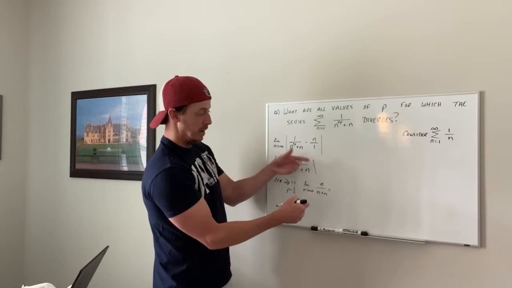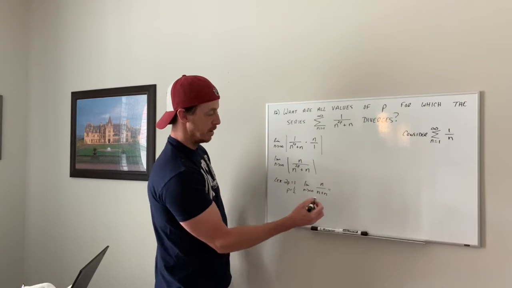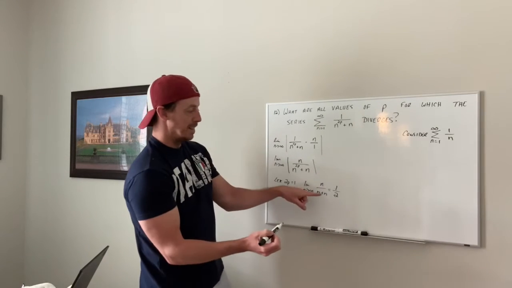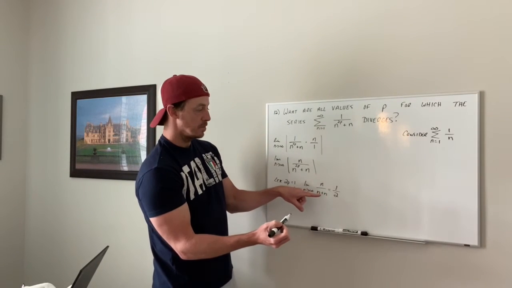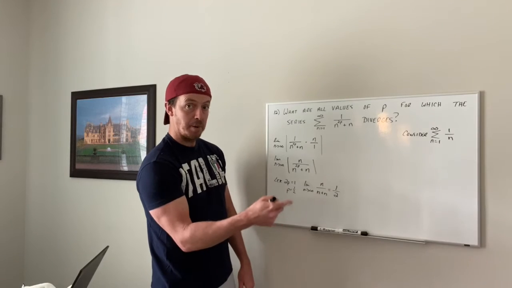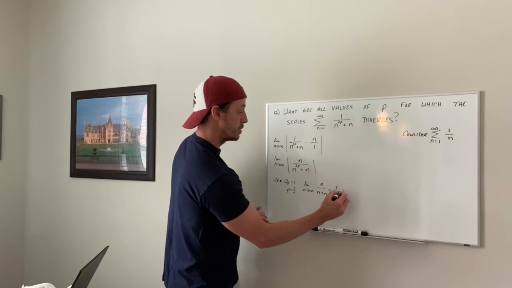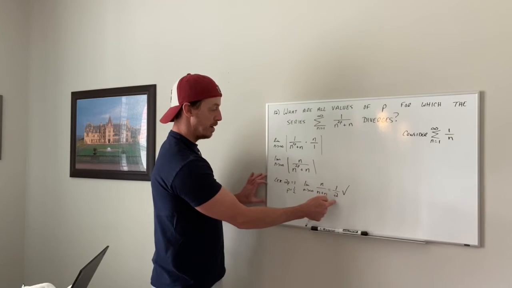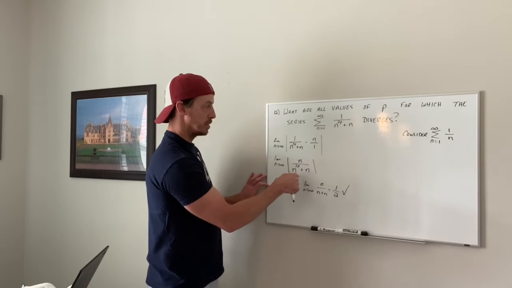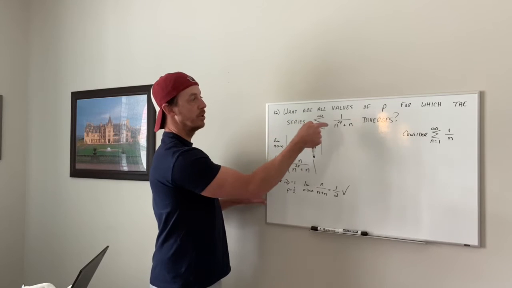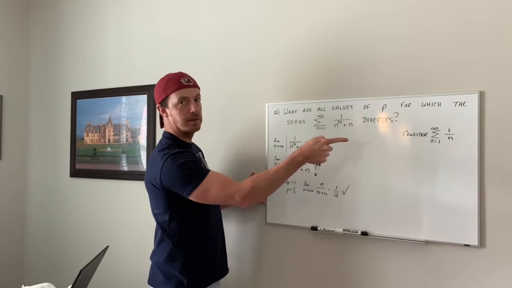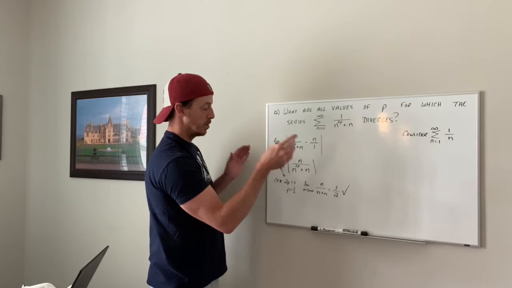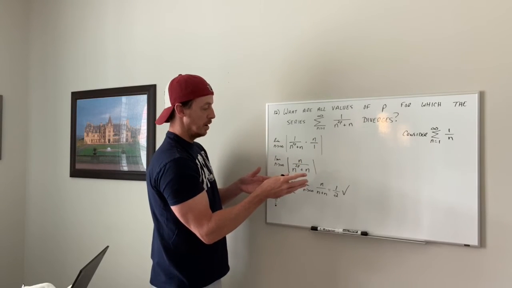When the degree of the numerator and the degree of the denominator are the same, it's a coefficient over coefficient thing. So that limit would equal 1/2. 1/2 is a positive finite number, so that's good. That's one of our solutions. If p is 1/2, this limit is positive and finite. Therefore, our original series diverges because we compared it to a series that we knew diverged. So we know it happens at 1/2.